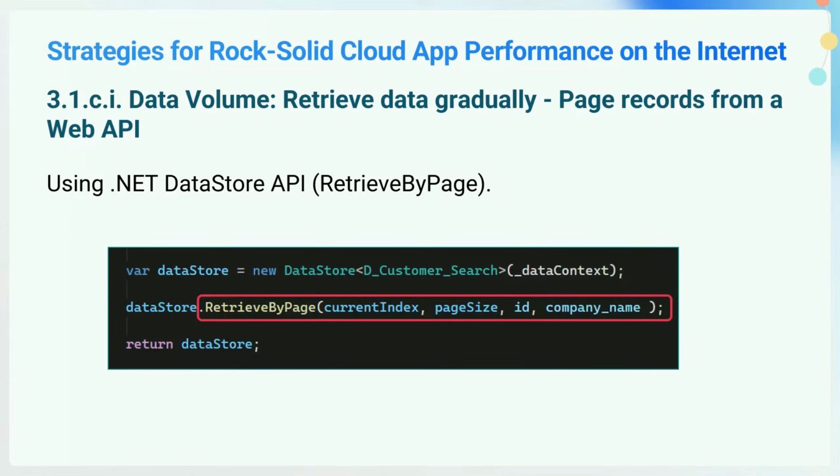For instance, if you want to fetch the first 10 records, you'll pass 0 and 10 as the first two arguments. 0 because in .NET indexing starts at 0, and 10 for the page size. Later, to retrieve the next 10 records, you'll pass 10 and 10. These values need to be provided from the client side, and they must be received by the controller and the service, along with any other required DataWindow query arguments.